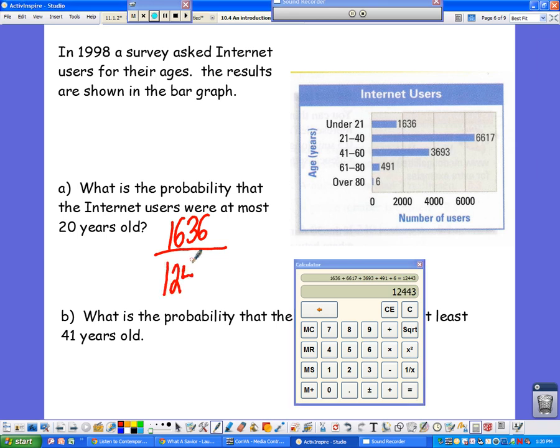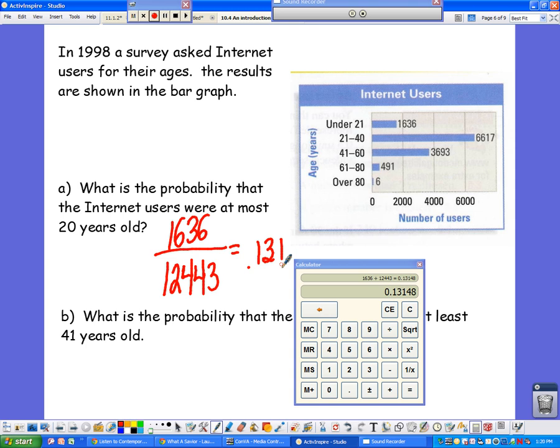Now, this is a good example of, these are some pretty ugly numbers, and so to get an idea, is this a good probability or a bad probability, let's go ahead and divide the 1636 divided by 12,443. And we find out that we get 0.131. Okay? So that's a really low probability that we would select somebody that's at most 20 years old.